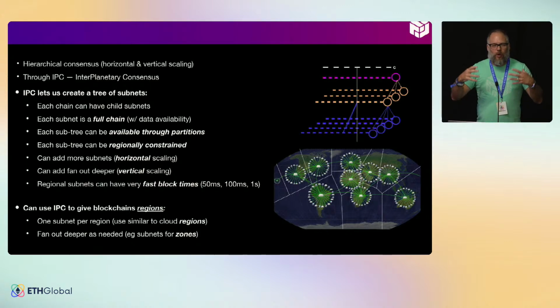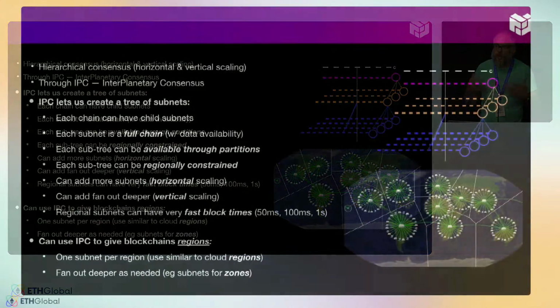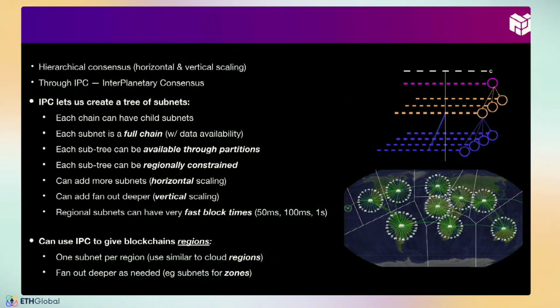Again, it still takes time to transmit signals, right? And if you need to be going faster, then you may need, for example, a subnet that specifically runs within one geographic region just to deal with the laws of physics and the time it takes to transmit signals.